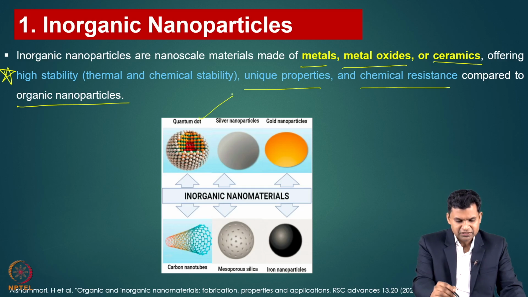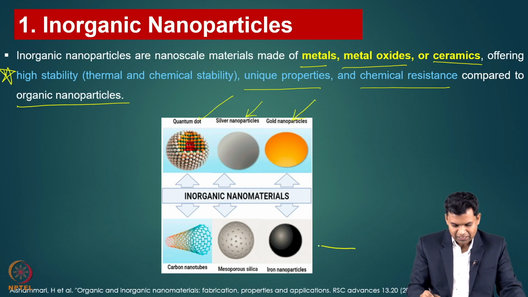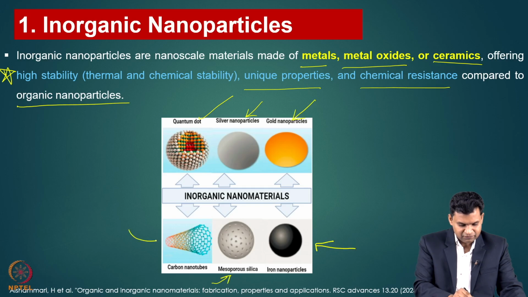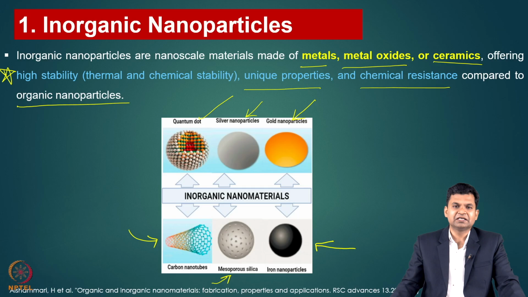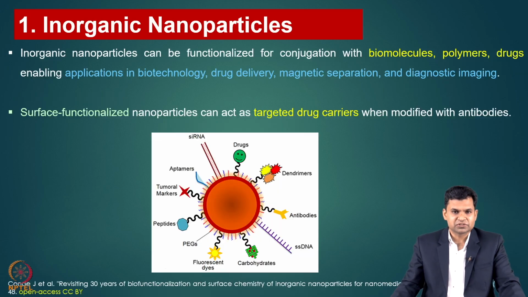You can see the quantum dots, silver nanoparticles, gold nanoparticles, iron oxide, mesoporous silica, and then carbon nanotubes. So, these are various inorganic nanostructures which we can use in various platforms.